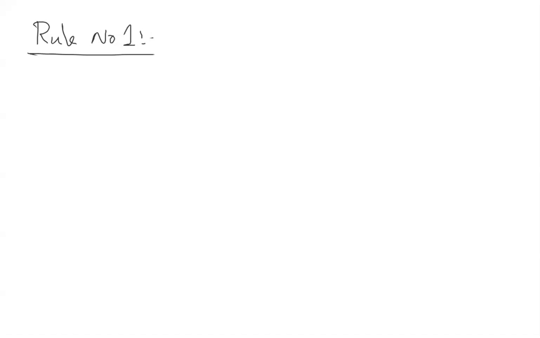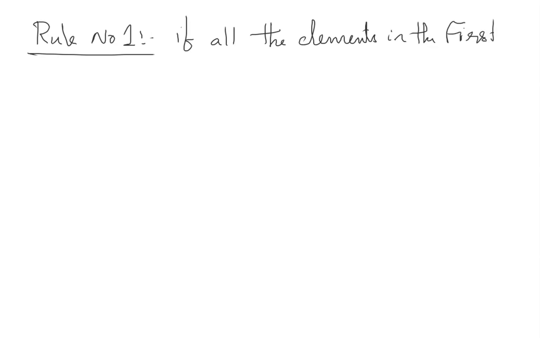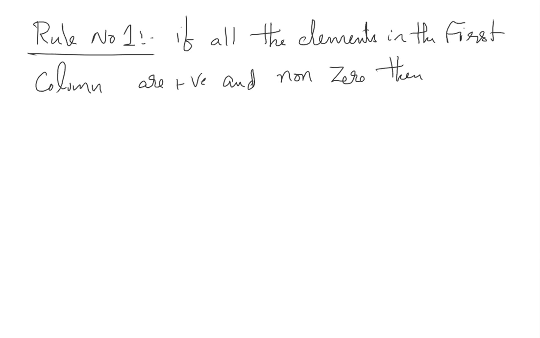If all the elements in the first column are positive and non-zero, then the system is stable.